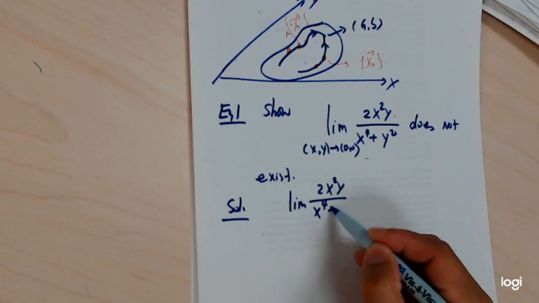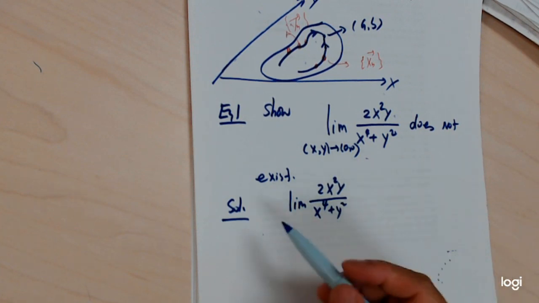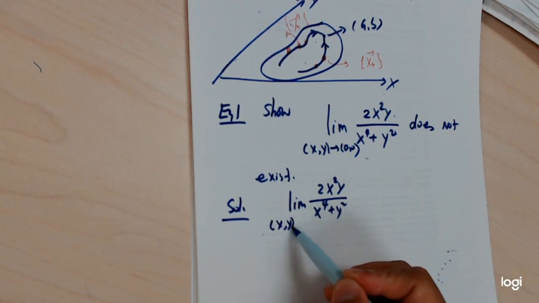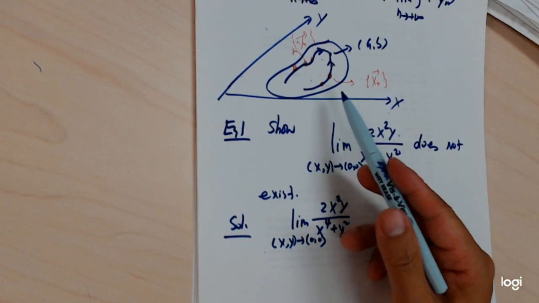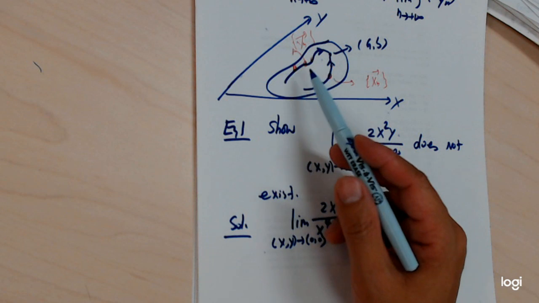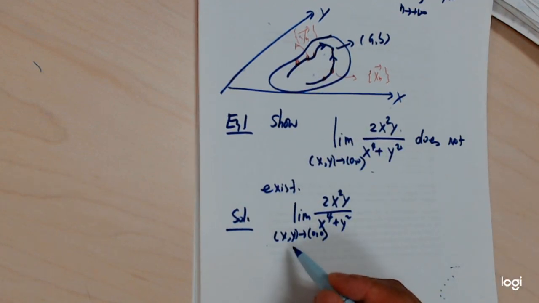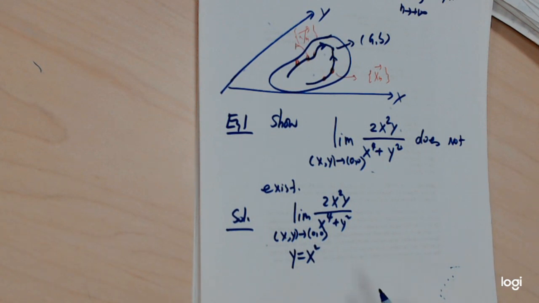I take this function. Let's pick x and y both approaching (0, 0) along a certain path. When it says along some path, it means x and y satisfy some kind of equation. So here, let y be x squared. So y is always x squared. You see this curve right here?